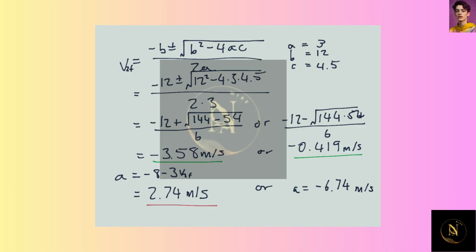And remember, A was that variable inside in the k direction for the sphere. So there's your two values of v and the corresponding values of A for those final velocities.